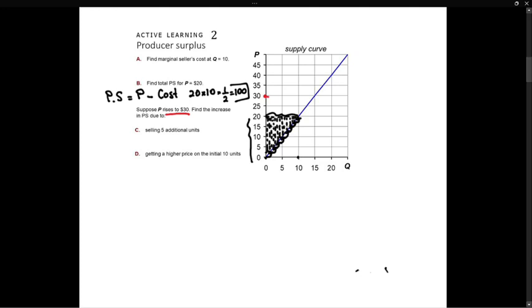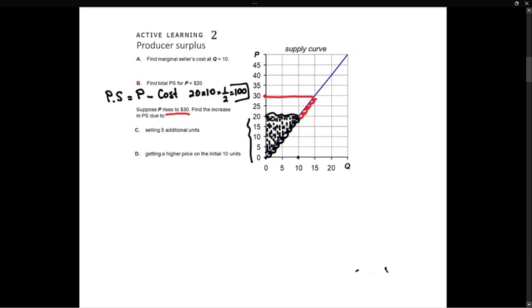Here's the new price line, and as we know, the producer surplus is the area between the price line and the supply curve. At this $30, new sellers will enter the market. The additional sellers will enter the market as long as they can cover their cost at this $30.